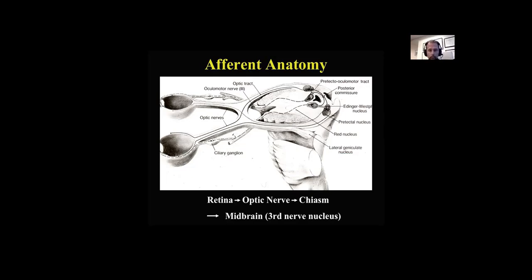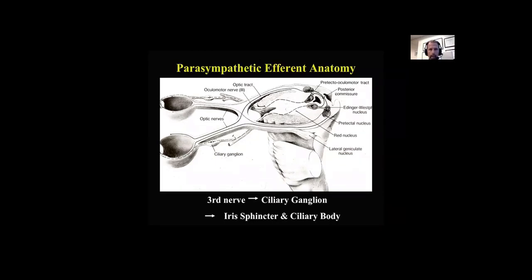The subnucleus related to the parasympathetics is called the Edinger-Westphal nucleus. The efferent pathway coming back from the brain to the eye is then, of course, the third nerve. It's called the fascicle while it is in the brainstem; it's not really a nerve until it comes out of the brainstem.